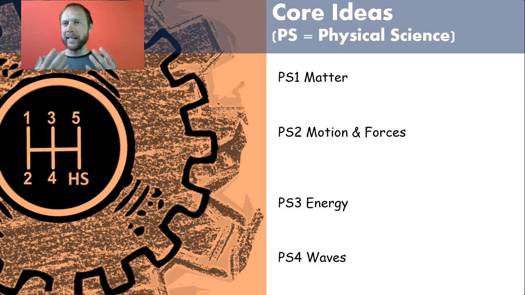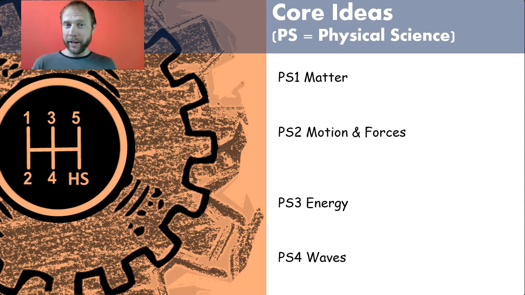And just to be clear here, what we're talking about with physical sciences is ultimately the topics of chemistry and physics. Now you note that it's not broken down by class topic here. There's no mention of a class on physics, a class on chemistry. Rather, there are 4 specific topics here.